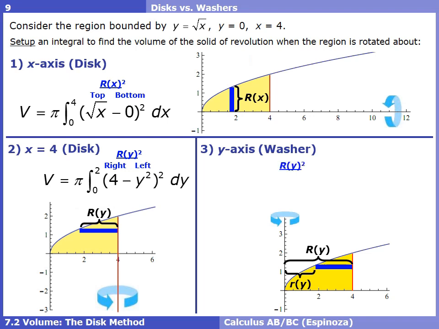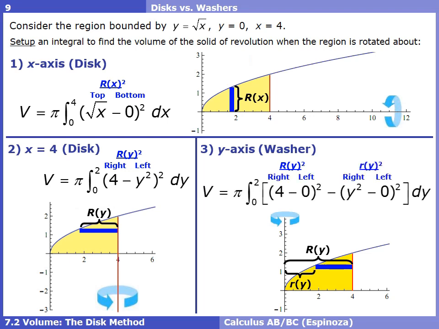Big R squared. The right side of that bracket for big R is touching the function 4. The left side of the bracket for big R is touching the function 0, our y-axis. So for big R squared, it's going to be right minus left, 4 minus 0, all squared.